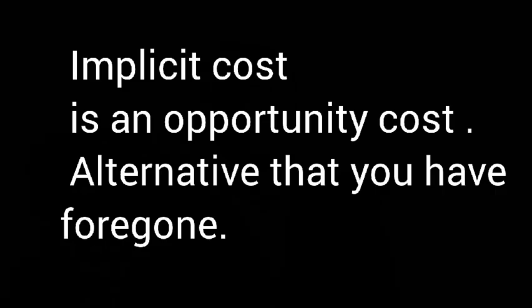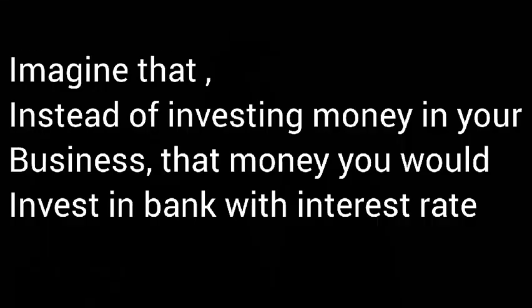But implicit cost, that is a cost of foregone. Say foregone, it is an opportunity cost. Implicit cost is an opportunity cost. It means a profit that you should get from the money you have invested. Instead of investing in a business, you have decided to invest that amount of money in the bank.